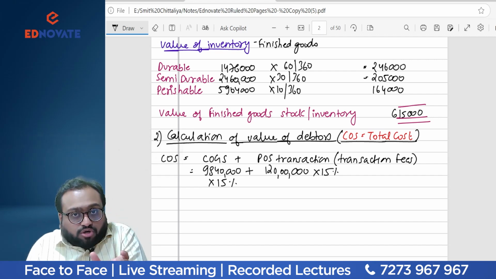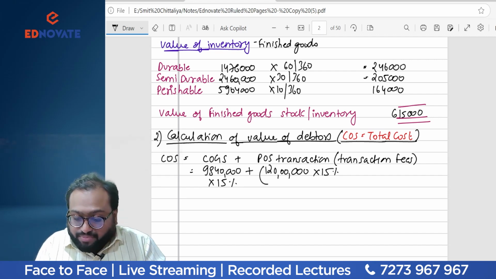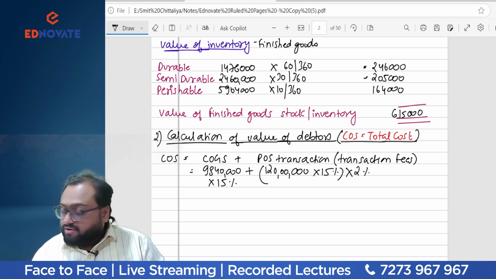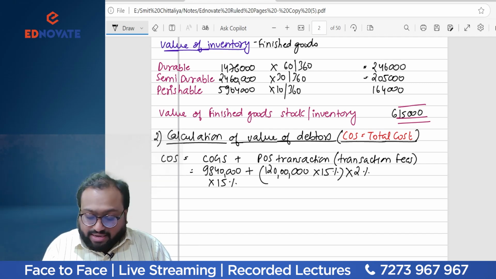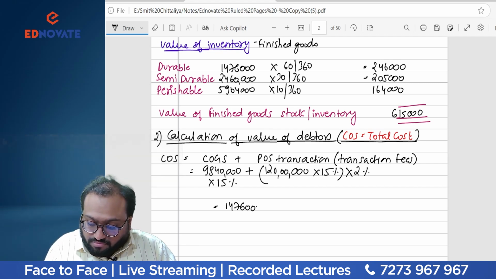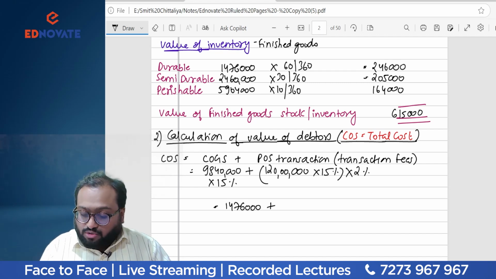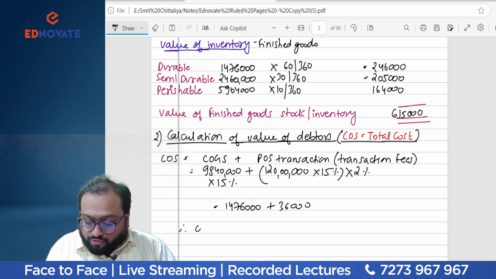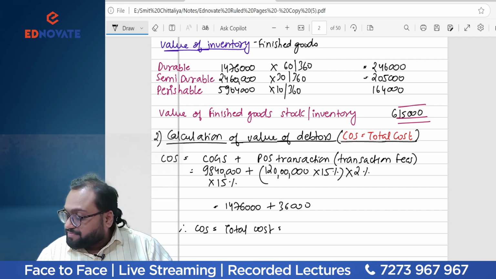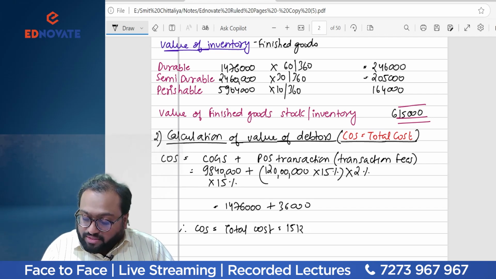Even I'll take 1 crore 20 lakh into 15% of the total sales into 2% as my transaction cost. When I find out the amount, 98,40,000 into 15% is 14,76,000, plus 1 crore 20 lakh into 15% into 2%, you will get 36,000. This will be the total amount of your COS, which is total cost: 14,76,000 plus 36,000, that is 15,12,000.